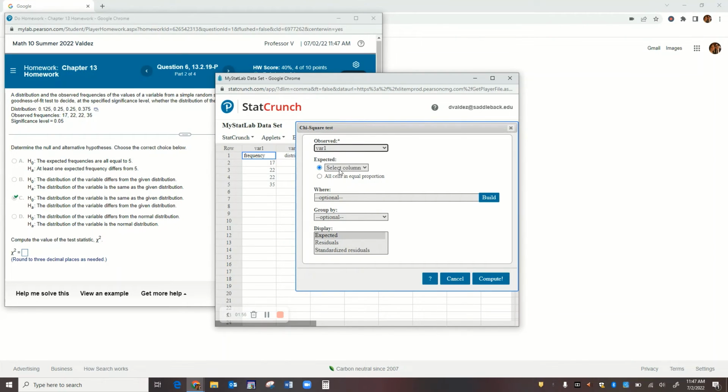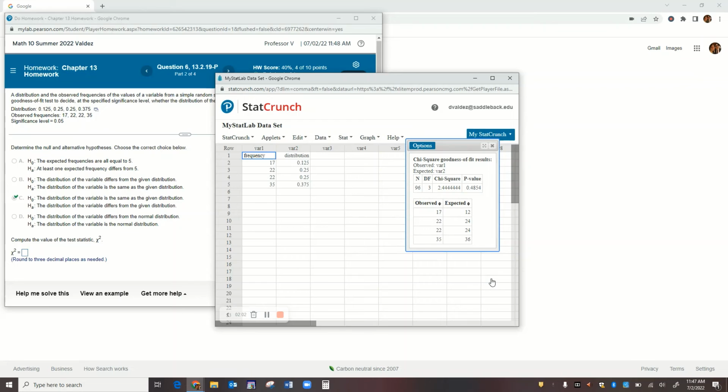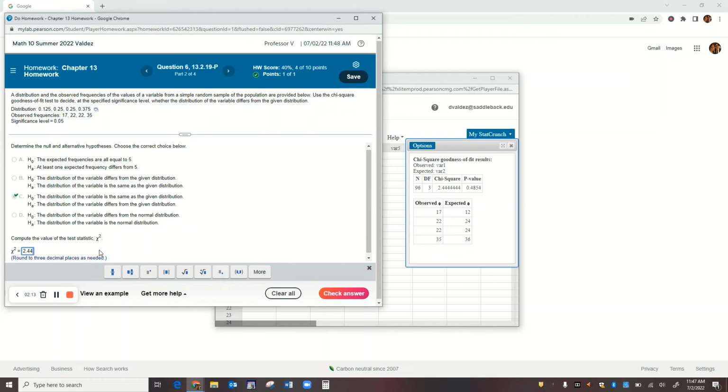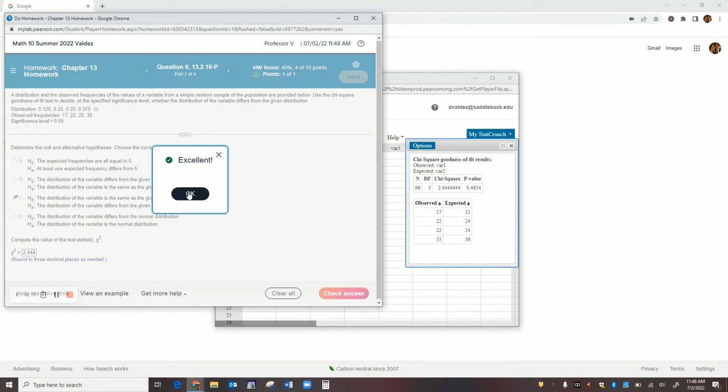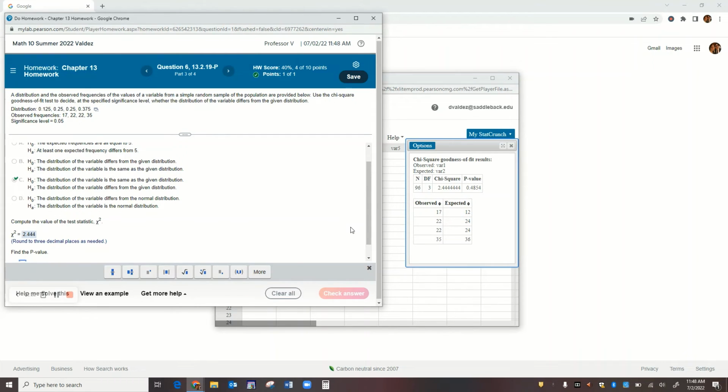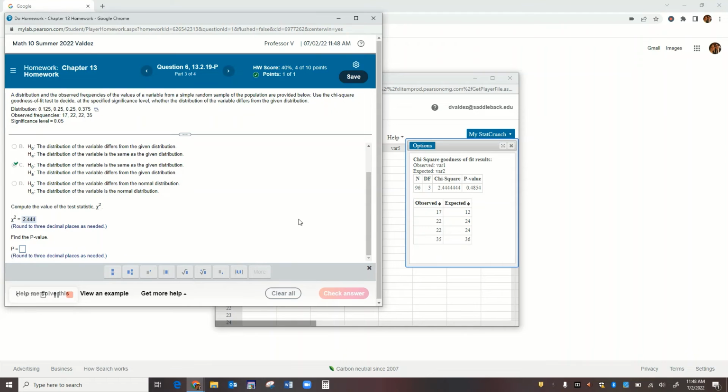And then expected is in variable 2. That's it. You just have to tell it where each one is. Compute. So here it gives us the value of the test statistic chi-square, 2.444. Since we're rounding to 3 decimal places, that's perfect for us. Okay, find the p-value. It's right there, 0.485, rounding to 3 decimal places again. So 0.485.